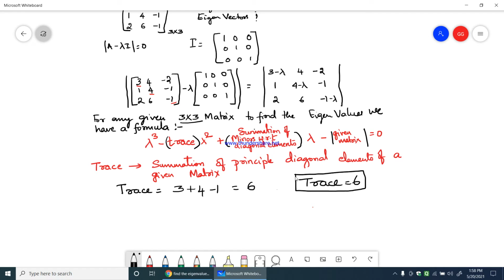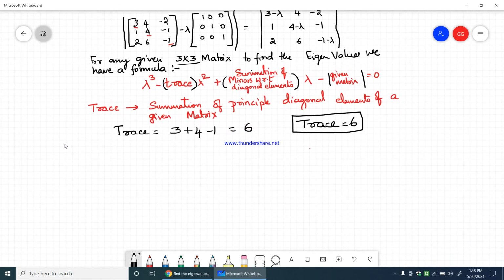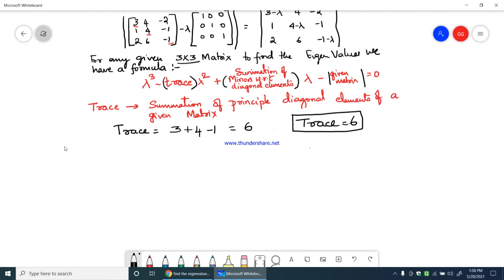After finding the trace, now let us find the summation of minors with respect to the diagonal elements. I'll write the matrix here once again. It is 3, 4, minus 2, 1, 4, minus 1, and 2, 6, minus 1.